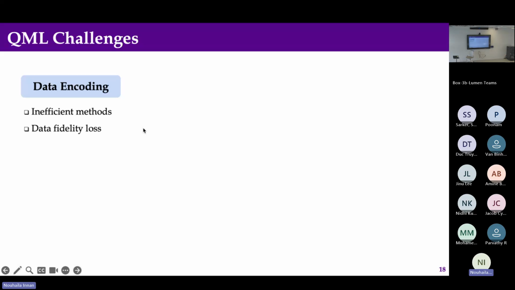For example, if you have 16 features, you can just use 4 qubits to represent them. So here it's kind of easy, based on how many qubits I want to use and how many features I have.